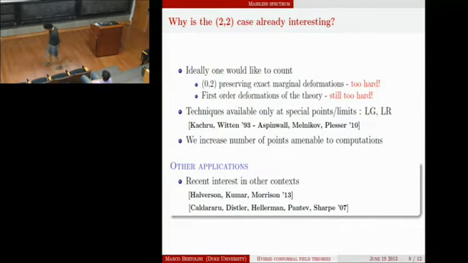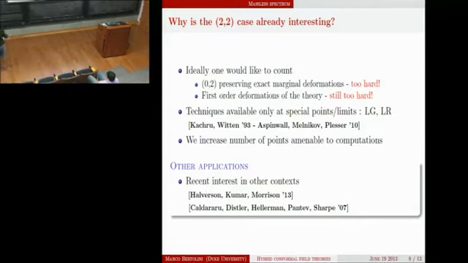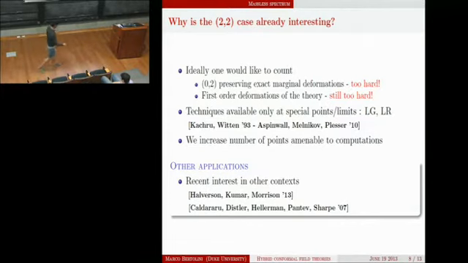In fact, even the question of how many (0,2) preserving exact marginal deformations there are is still too hard. So one may say, OK, I'm going to take a step back and ask at least how many first-order deformations. And even this question for a generic point on the (2,2) moduli space is still too hard. In fact, techniques are available only at very special points or limits.